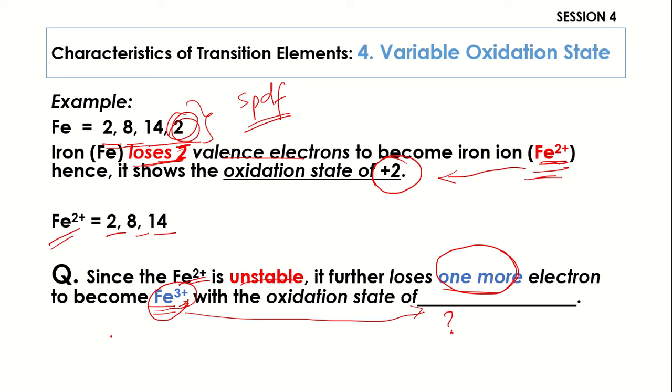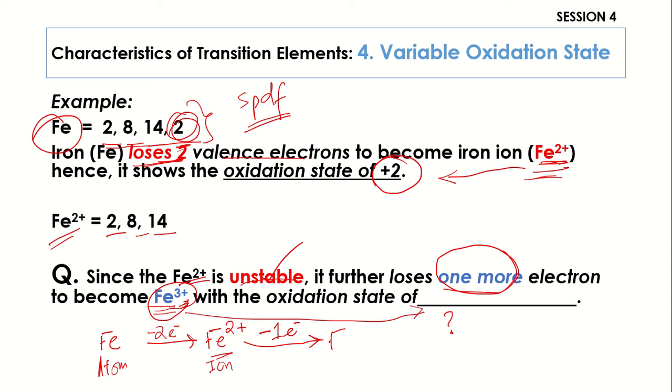If the question is still unclear, the first example that I have already stated here is the iron atom. After losing 2 electrons, it becomes an iron ion with 2 positive charge. And after the formation of iron 2 positive charge, it is still unstable. So to become stable, it loses one more electron, and then we get the iron ion with 3 positive charge.